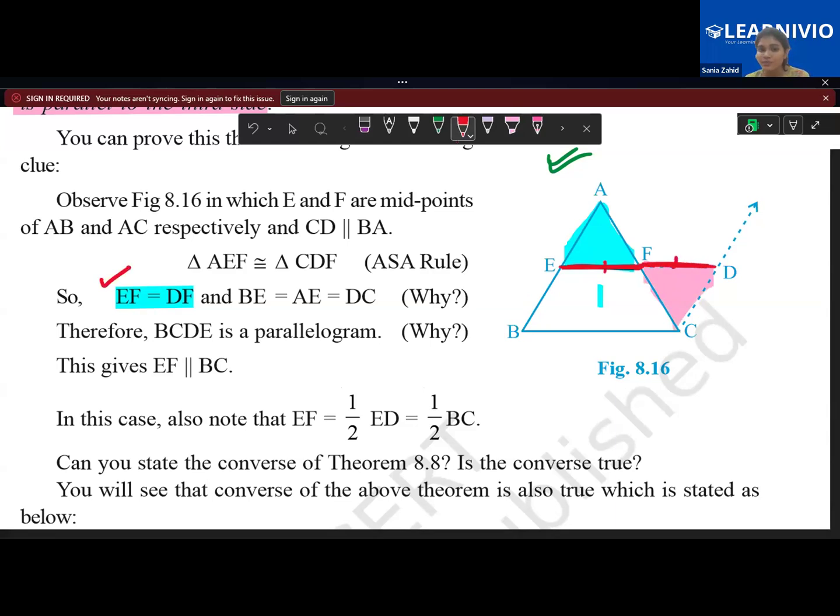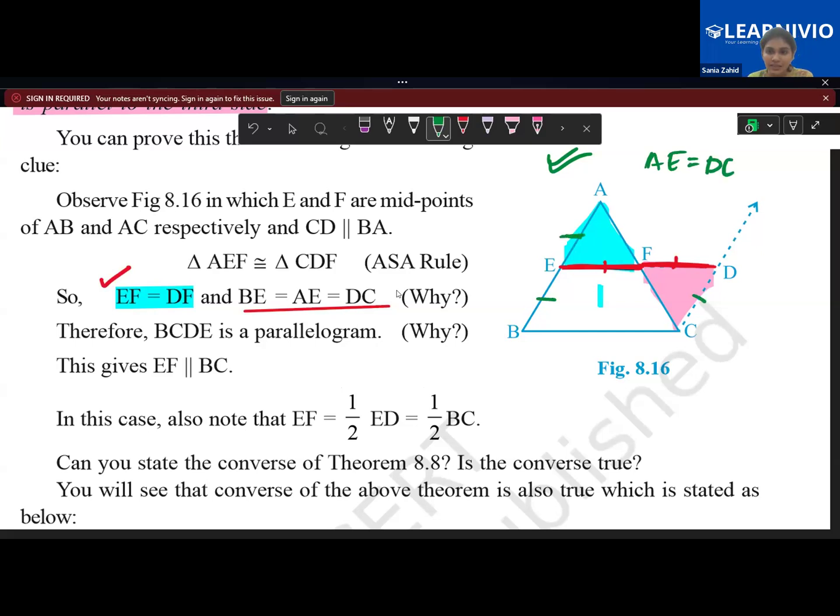Now children, BE is equal to AE is equal to DC. Now this is very important. First of all, where is BE? This line is equal to this line is equal to the DC line is equal to this line. Now why so, children? Why are these three lines equal? Again very simple. Can I say that AE is equal to DC by CPCT?